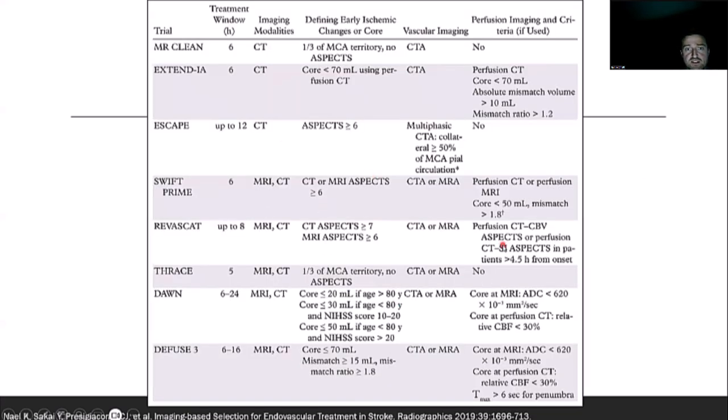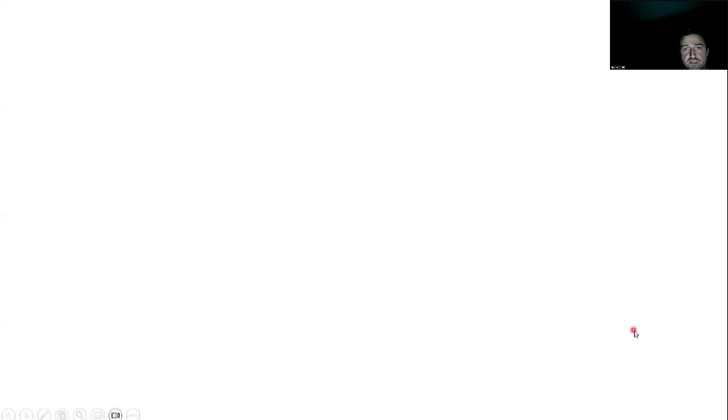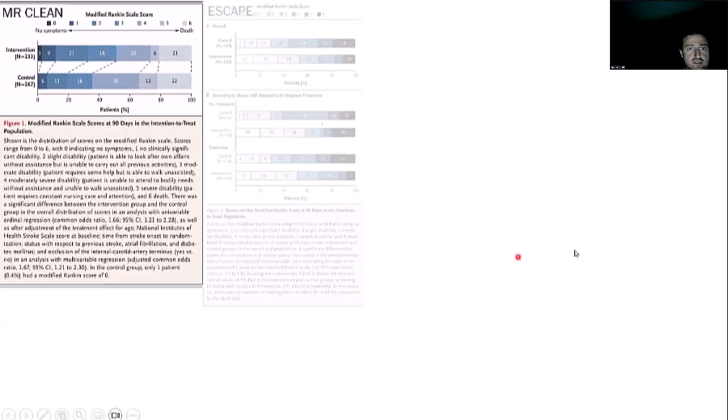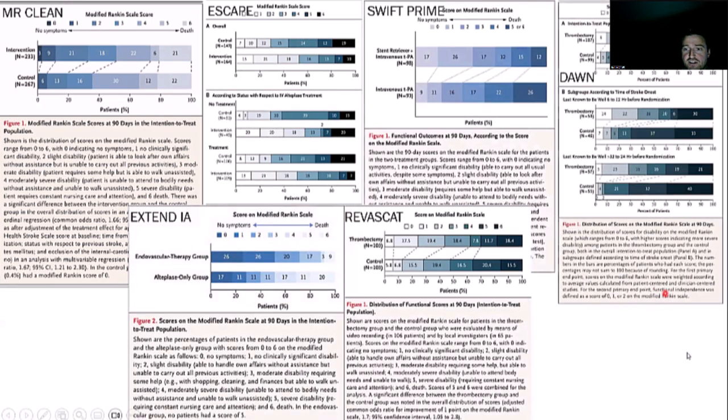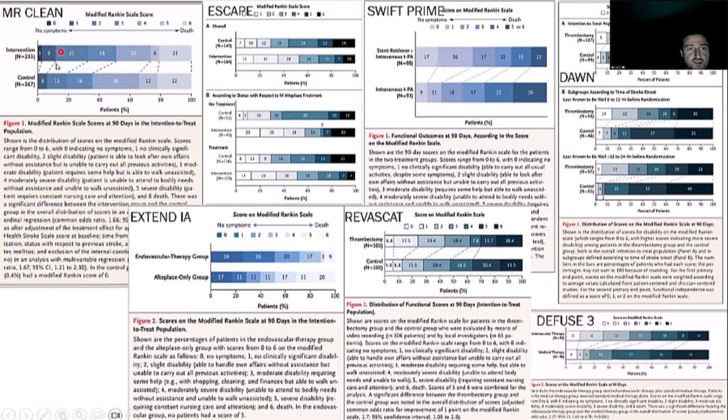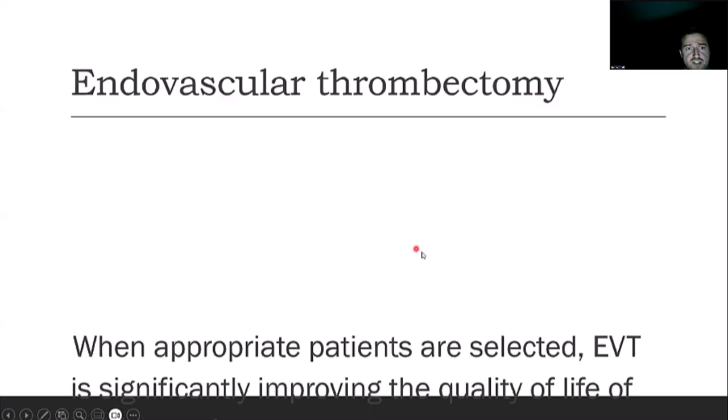This is just a summary slide of all the early studies, just showing the degree of improvement in modified Rankin scores over all 7 of the studies.